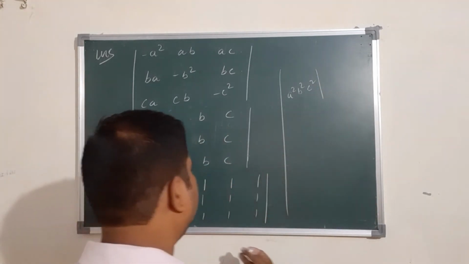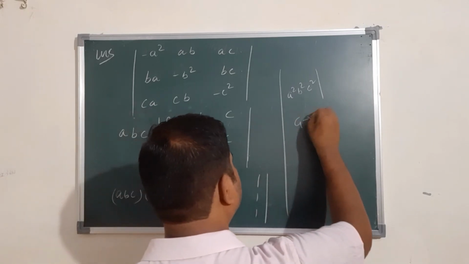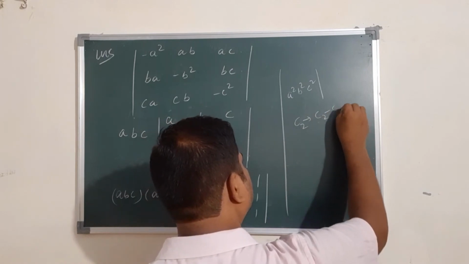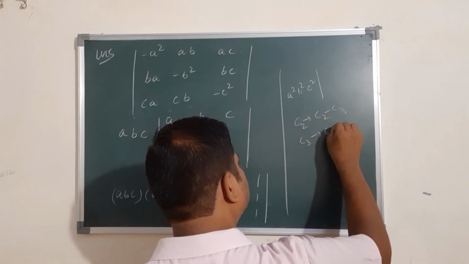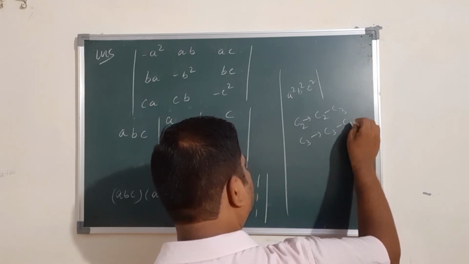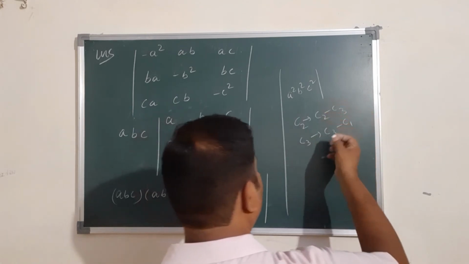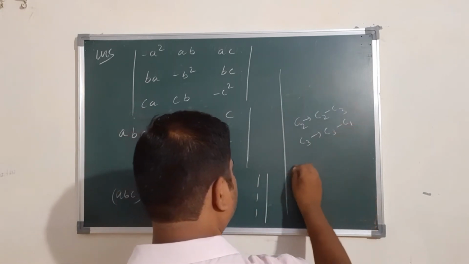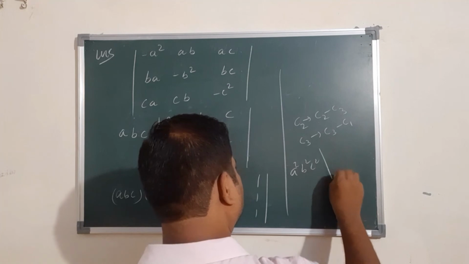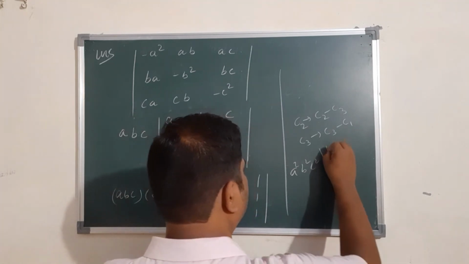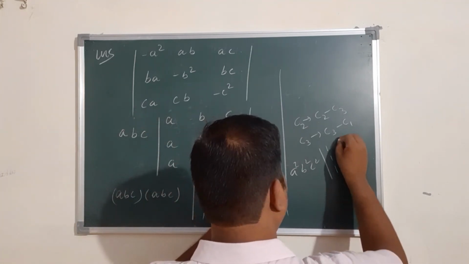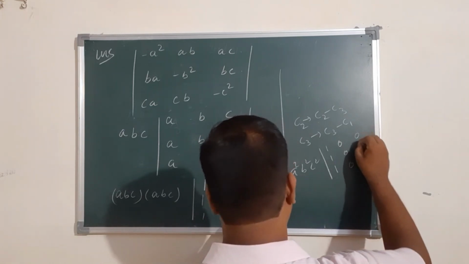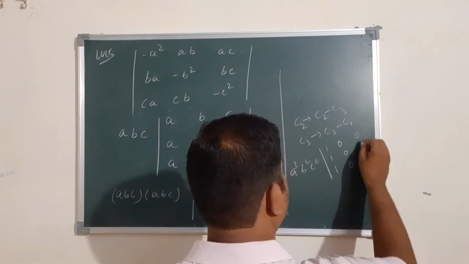Before expanding we apply C1 tends to C1 minus C2, C2 tends to C2 minus C3, and C3 tends to C3 minus C1.